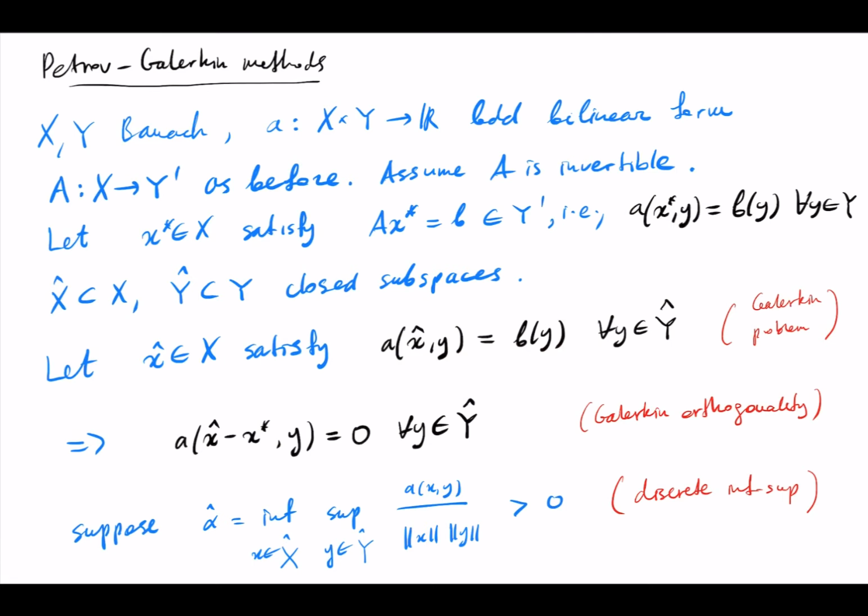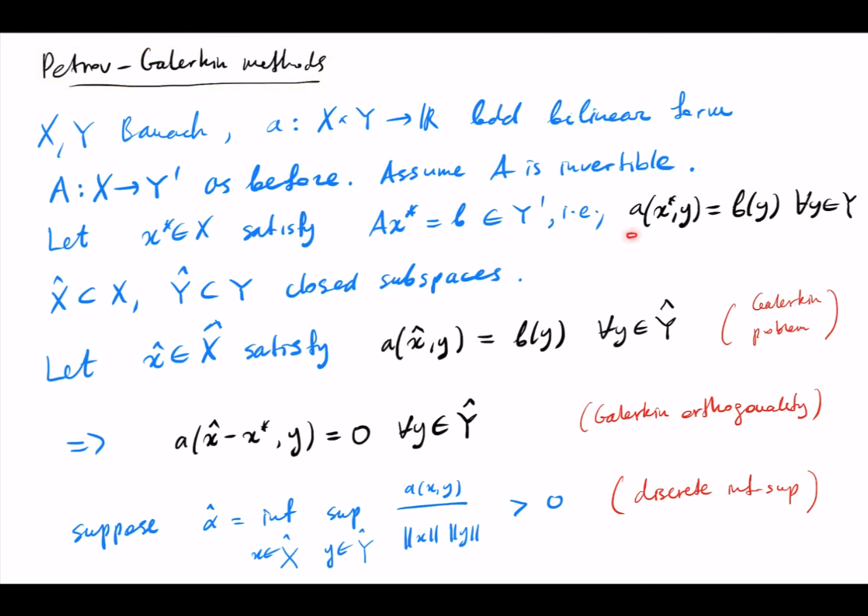So find x hat from X hat that satisfies this equation where the test function is now restricted to Y hat, and this is of course the Galerkin problem. Note that X hat does not need to be equal to Y hat, so that's why this setting is called the Petrov-Galerkin setting.